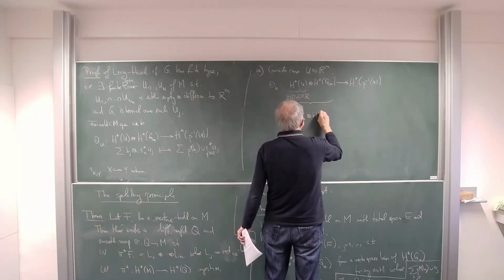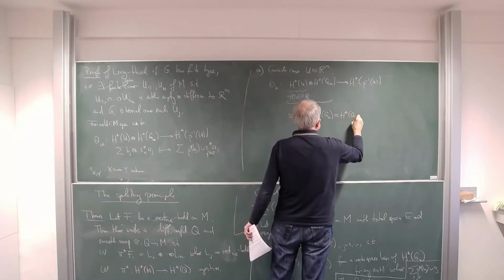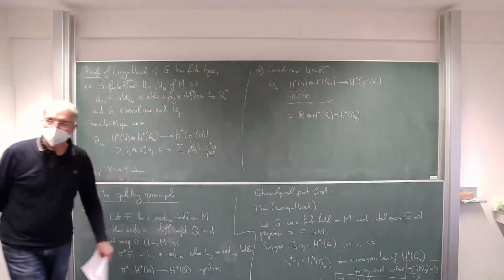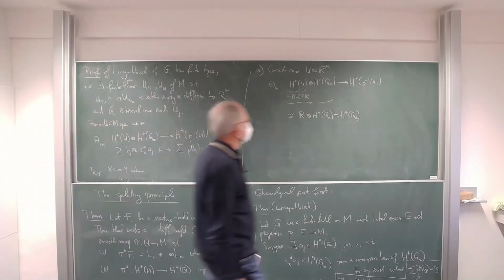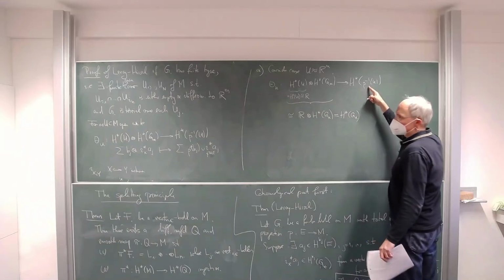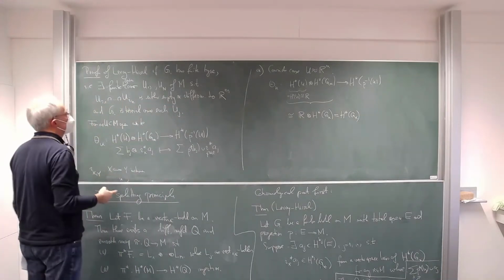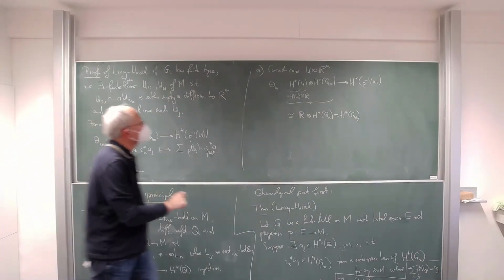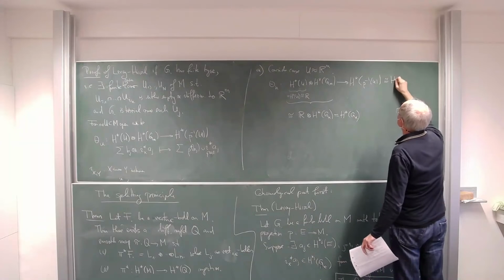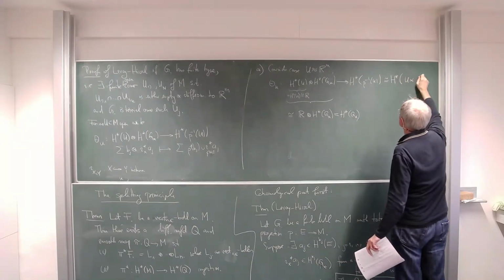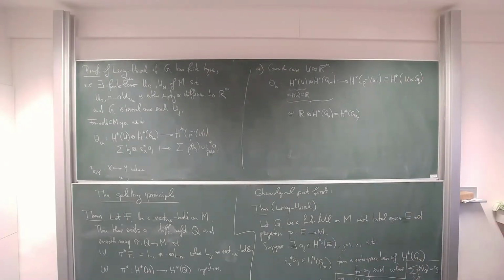tensor H star of the fiber, which is of course nothing but H star of the fiber. That's the left-hand side of the picture. And the right-hand side: here we have a bundle, and this is trivial over a contractible set. So this will be isomorphic to H star of U cross the model fiber Gx, because the bundle is trivial.